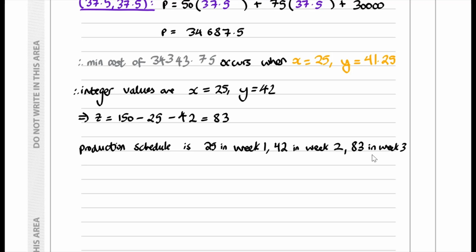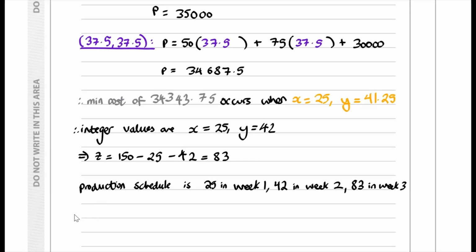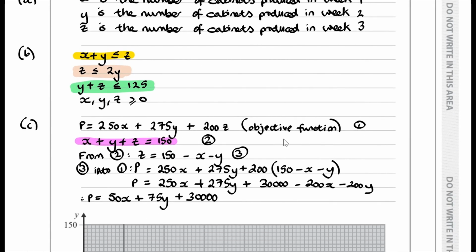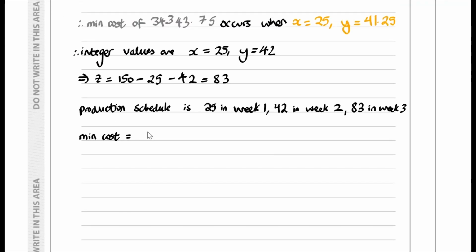And in terms of the minimum cost, well, if we use our p function which we had before in terms of x, y and z, we have the minimum cost of p, which is 250 times 25 plus 275 lots of y plus 200z.